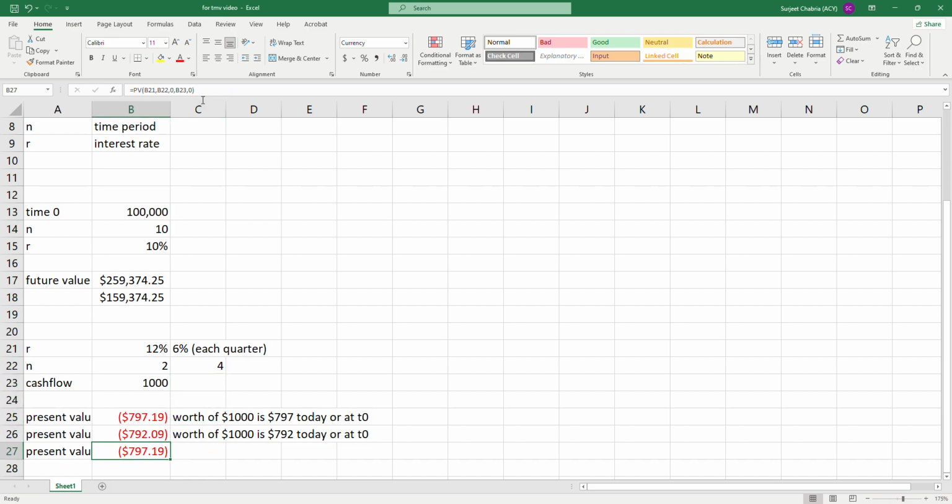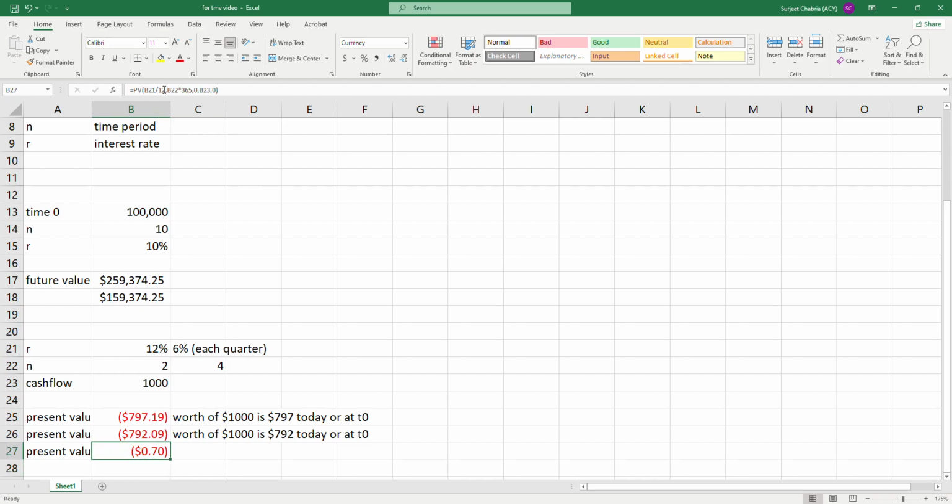If it's monthly, then we need to divide this by 12, of course, right? Because there are 12 months, and then this is daily, 2 years. So basically, we need to multiply this by 365, and then just press yes.